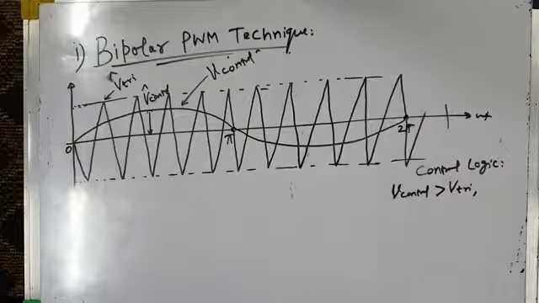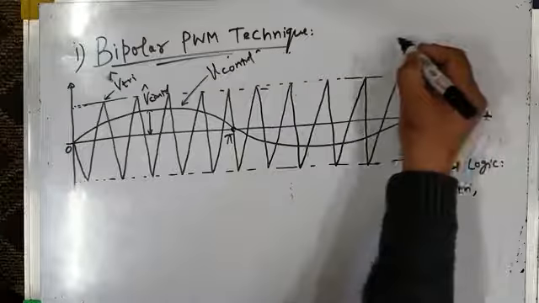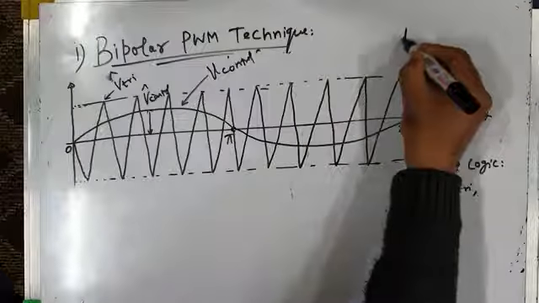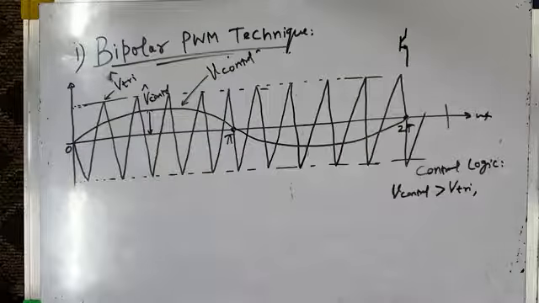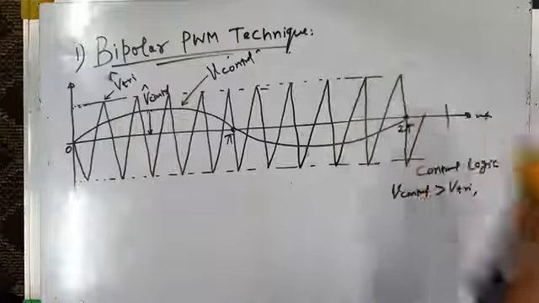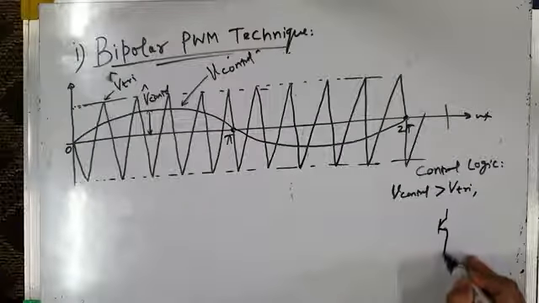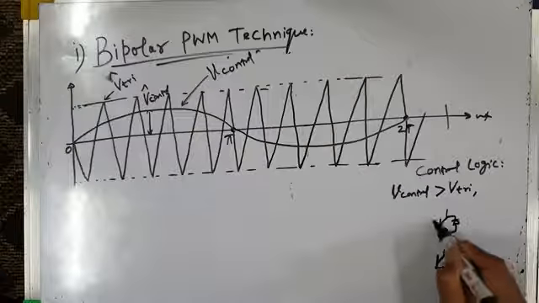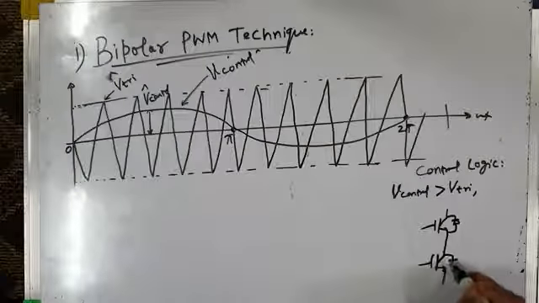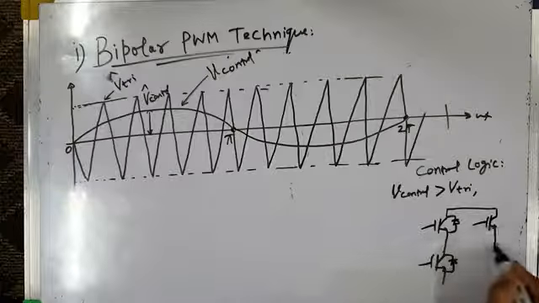Let me draw the inverter. For that purpose, I may have to draw the inverter power circuit diagram. I will draw it here. I have no other option. I don't have space here, so I will draw a compressed inverter diagram because of paucity of space.